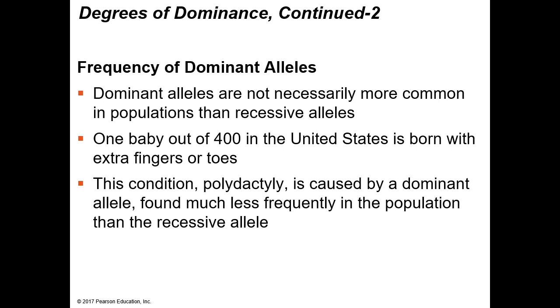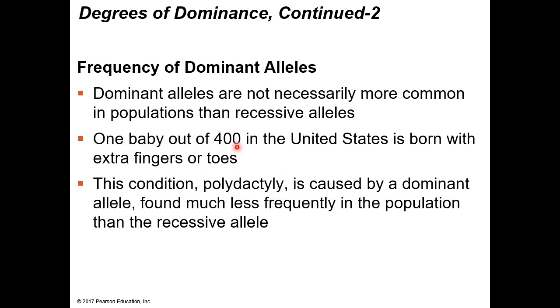Dominant alleles are not necessarily more common in populations than recessive alleles. You would think that dominant alleles, due to them being stronger than recessive alleles in their expression, would be more prevalent. However, for example, we have a condition called polydactyly. Polydactyly is a condition where a human would have extra fingers and toes.